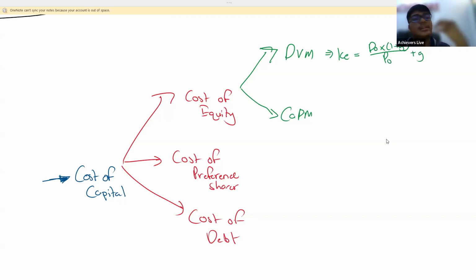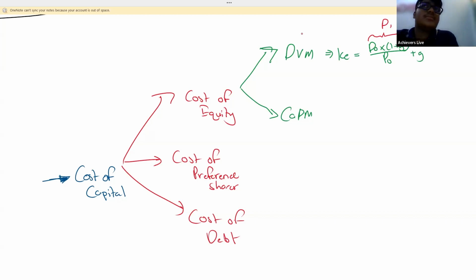So there are certain adjustments which you have to remember in the dividend valuation model. First adjustment: why are we doing this D0 into (1 plus g)? To get the D1, year one dividend.